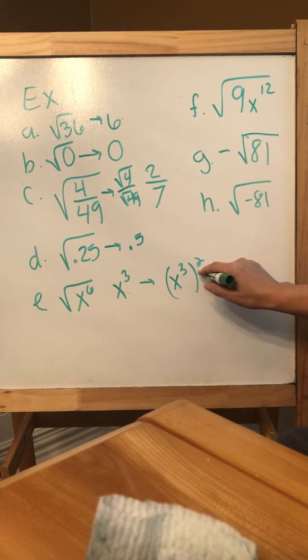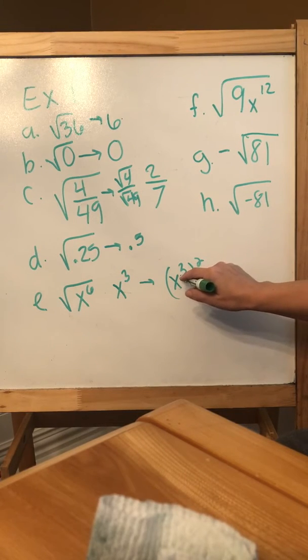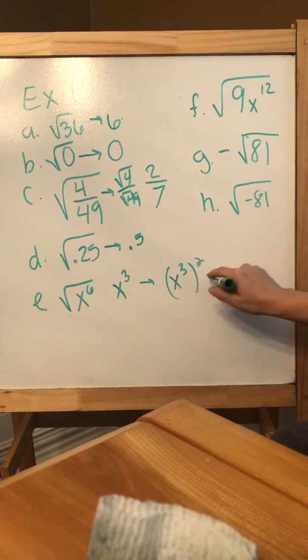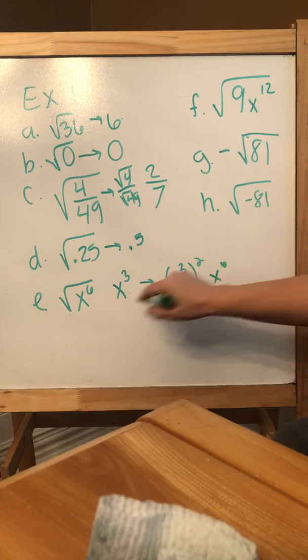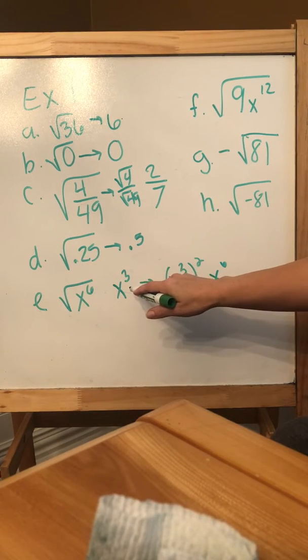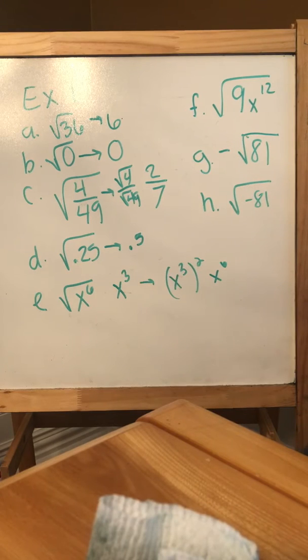When we are taking an exponent to an exponent, we multiply, right? So that would give us x to the 6th. That's why the square root of x to the 6th is x to the 3rd.